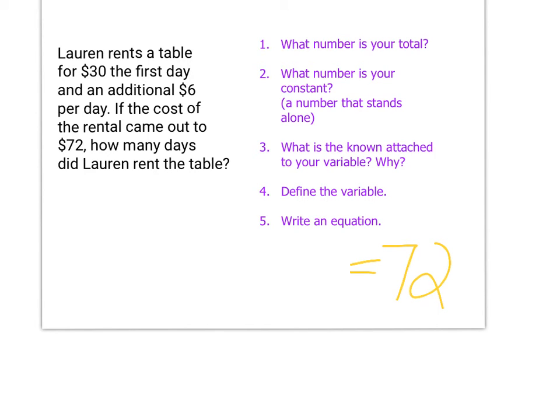What stands alone would be it costs $30 for the first day, $6 per day after that. So the constant would be the $30. That is what we are adding or subtracting.